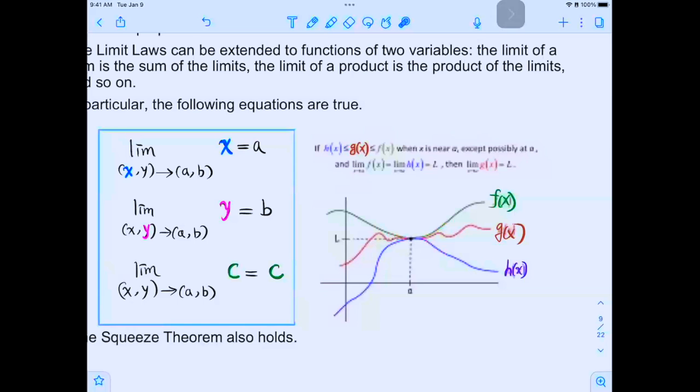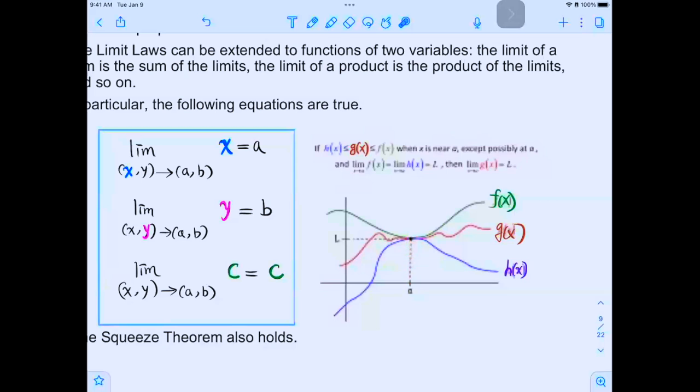If the limit of the function above and the function below, as x approaches a from the left and from the right, have the same limit, then the function being squeezed between them is forced to the same limit at a.